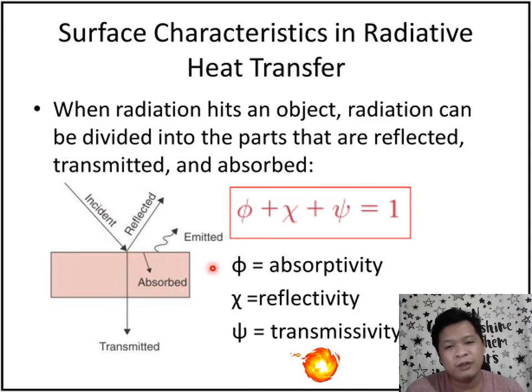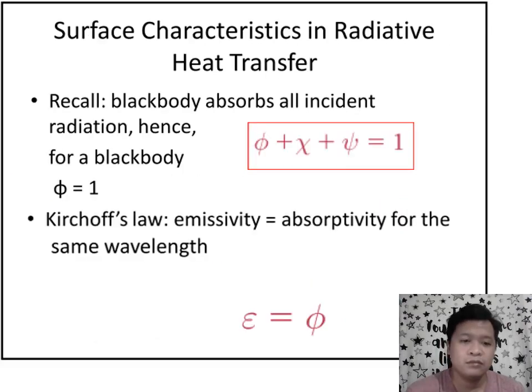And each one of these things, yung absorption, reflection, and transmission, ay fractions na that when you add these absorptivity, reflectivity, and transmissivity values, they equal 1. So please take note that a black body absorbs all incident radiation, hence for a black body, absorptivity is 1 and the other two terms are 0.